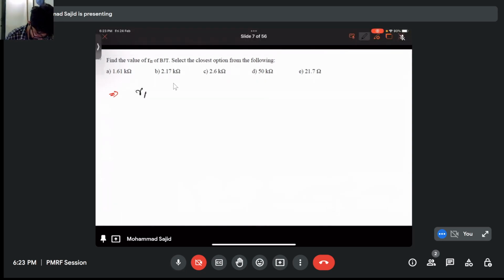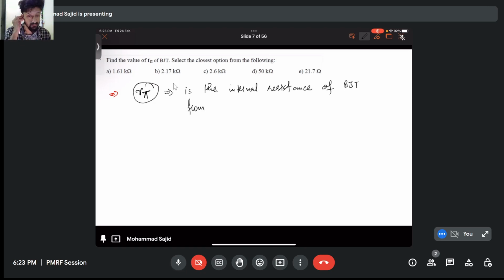The question says you have to calculate R pi. What is R pi? R pi is the internal resistance of the BJT from base to emitter.